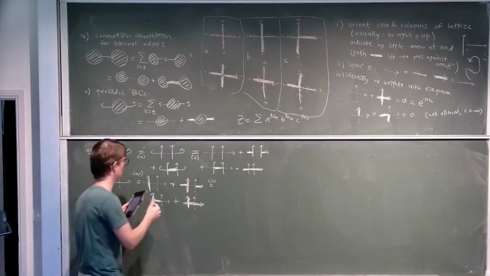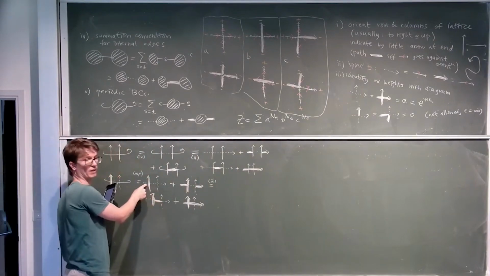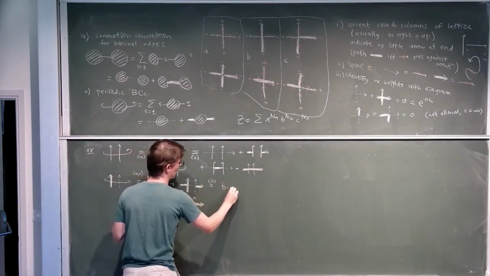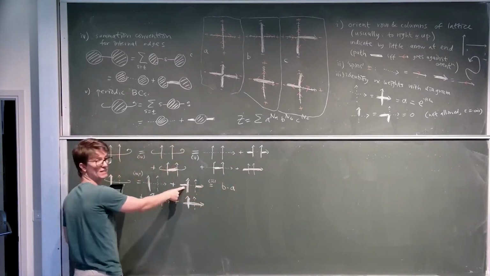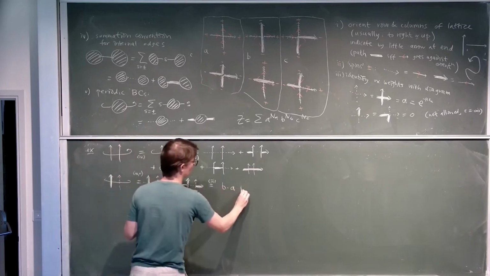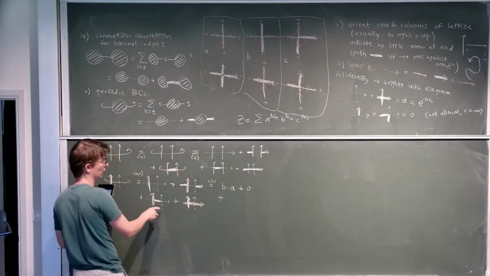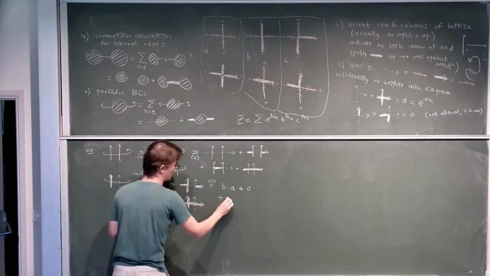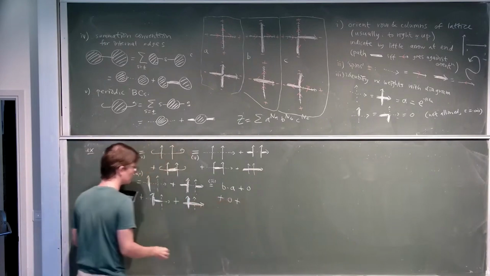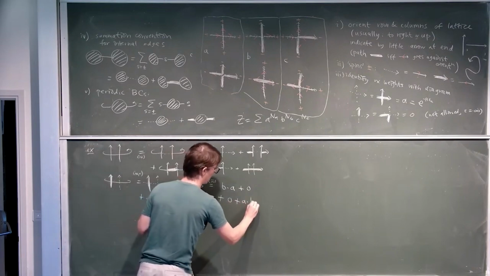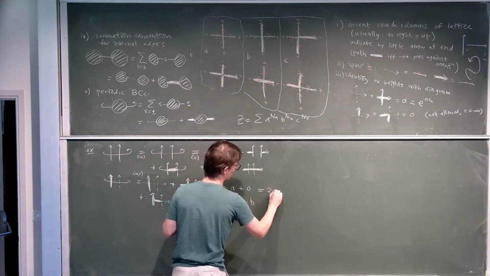Here we see a vertex of type B and here one of type A, so this is B times A. Then the next one, this vertex is not allowed, so this is 0. This vertex here is also not allowed. They have three thick lines and one thin line around them. And finally here we have an A and then a B. So in total we get 2AB.